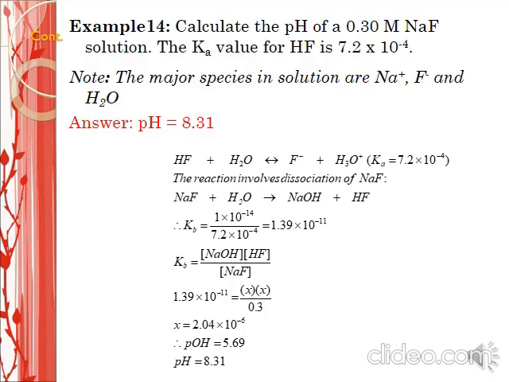So we find Kb here and put it in the expression of products over reactants. The concentration of the conjugate base is 0.3. So we get X. X will refer to OH minus because it's a base, the conjugate base. So to find pH, we subtract from 14. So that is example 14.